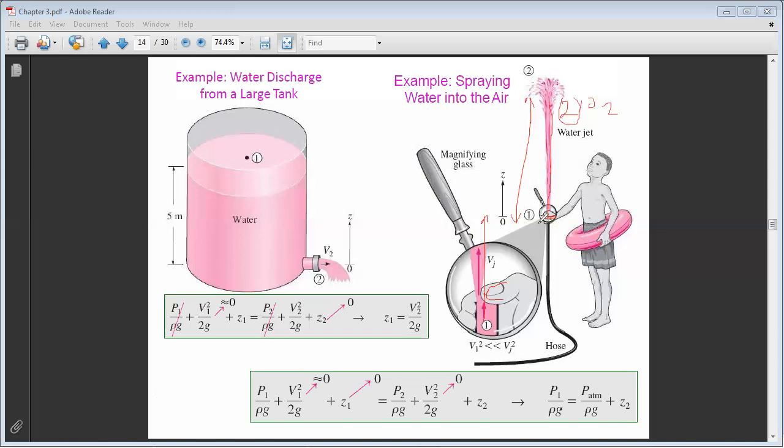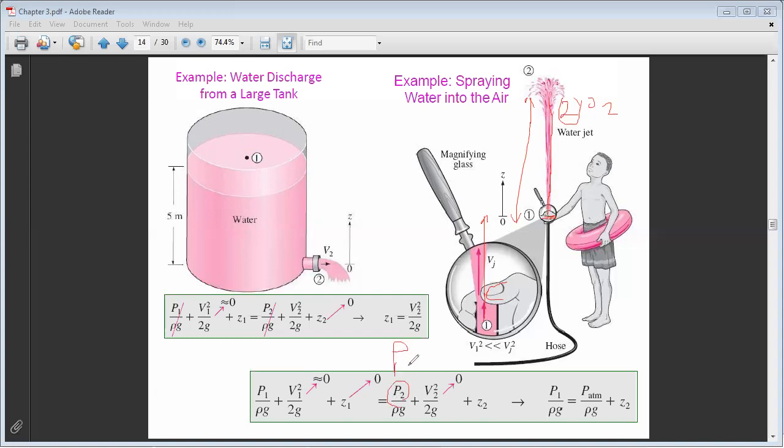Now, if I write the equation, I have the pressure at 1 over rho g plus V1 squared over 2g plus Z1 equals, at point 2, the jet is exposed to the atmospheric pressure, so P2 can be replaced by P atmosphere.